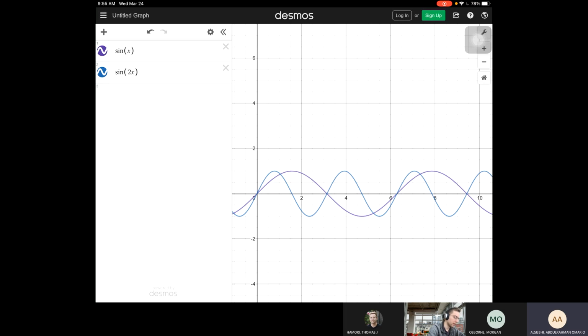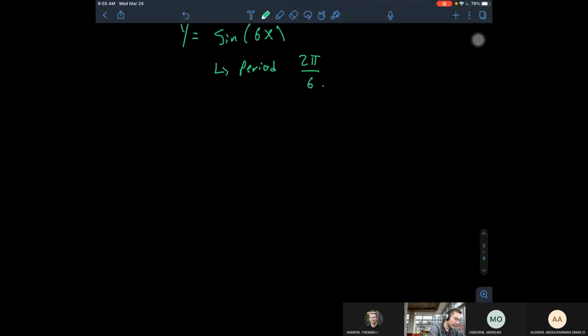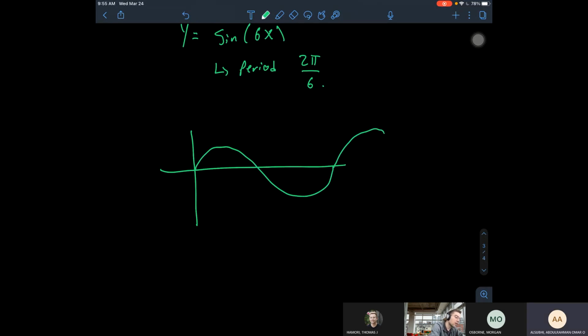Okay, so if we compress something by a certain factor, then certainly, just imagine if we had a graph of sine of x, and we have a distance between here and here. If we compress the whole thing inwards, well, so too does this distance between my two crests get compressed, right?